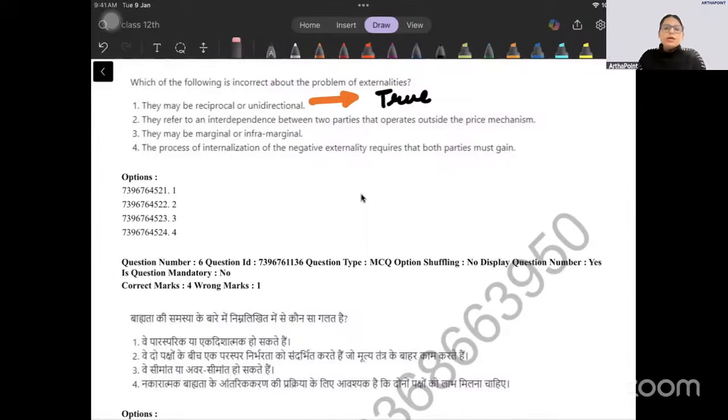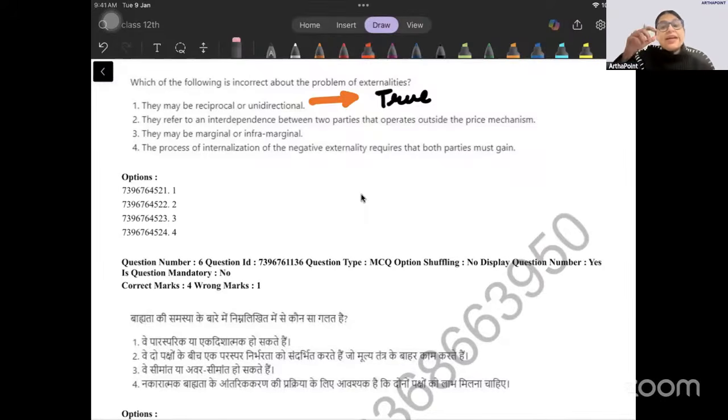Just imagine that one of your neighbors is playing very loud music, and that is disturbing you a lot. तो ये तो हो गई unidirectional externality, one directional externality. अब इसका रिवर्स देखते हैं.